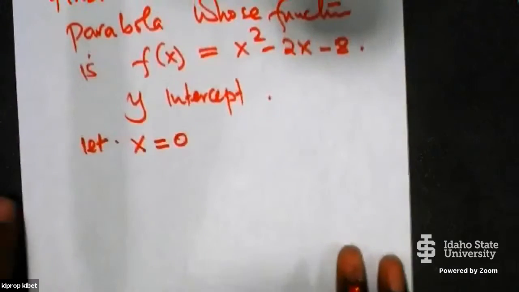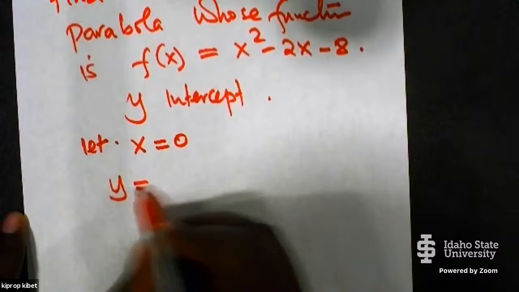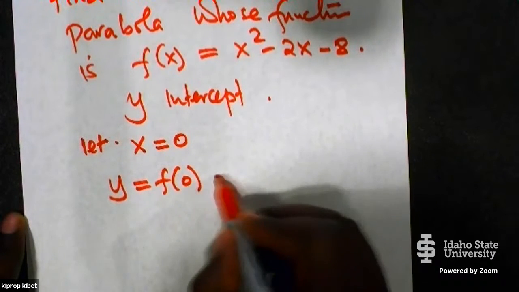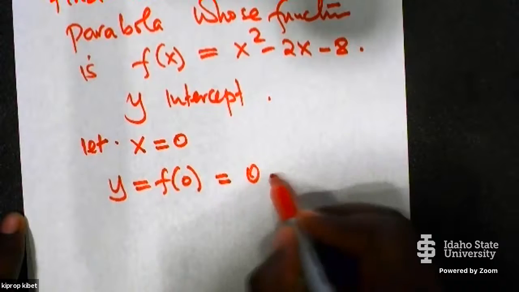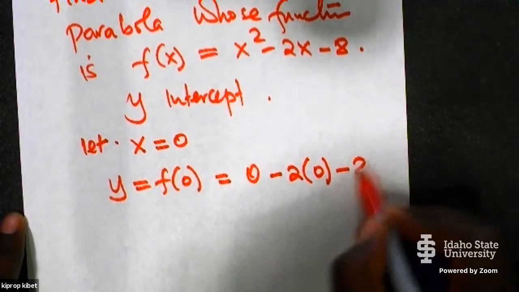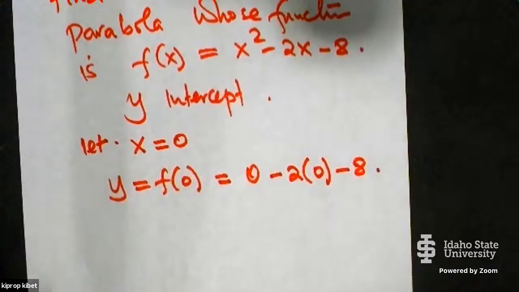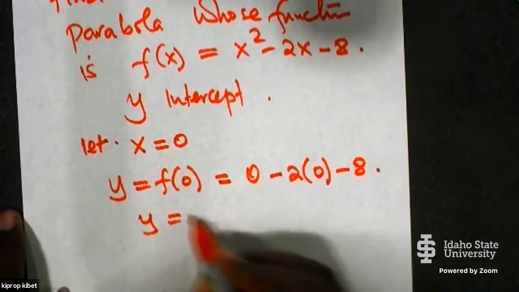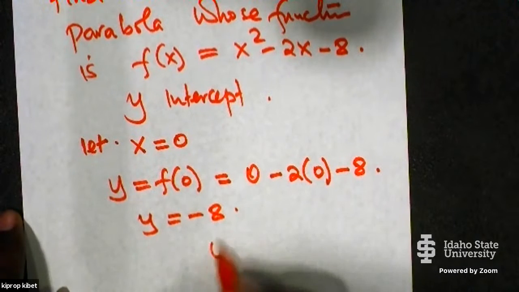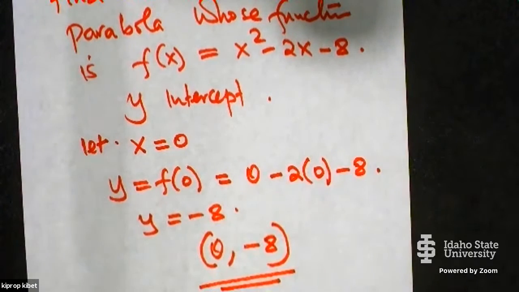So if x equals 0, then y equals f of 0 equals 0 minus 2 times 0 minus 8, which is minus 8. So we have y equals minus 8. So our point here will be 0 and minus 8. Okay? So that is our y-intercept.